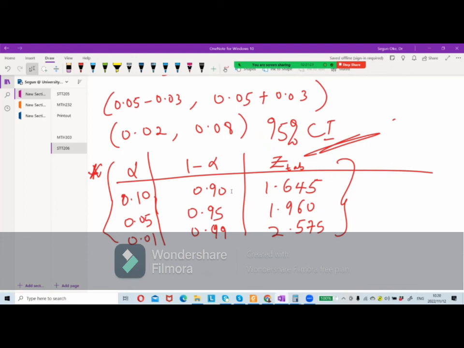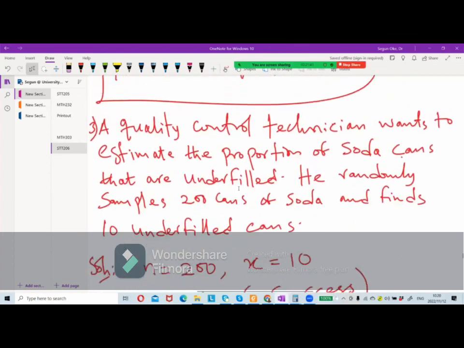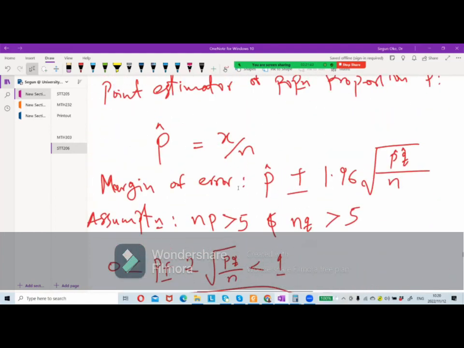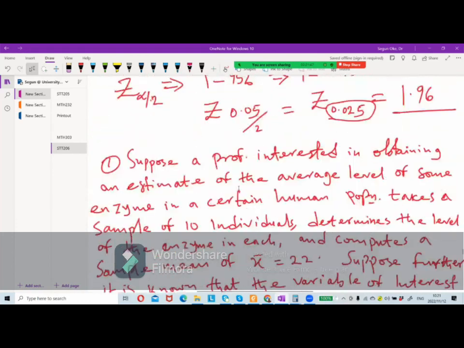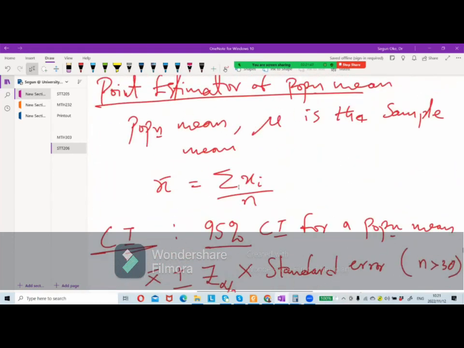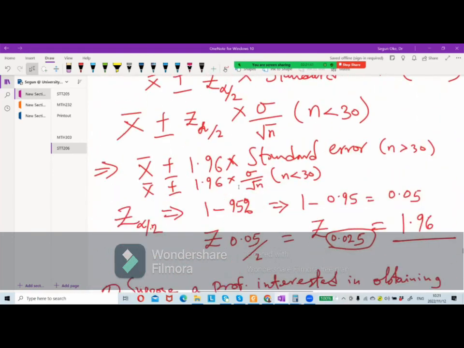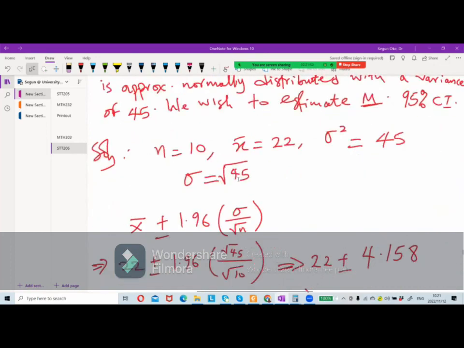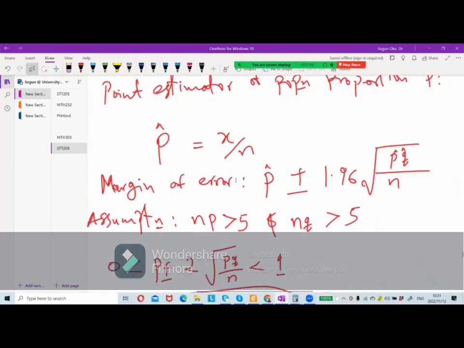So if you try it with other examples, all you need to do is know when they are talking about proportion. Remember, when they are talking about proportion and when we are talking about point estimate, the one we did now, there are two ways of testing your estimate.